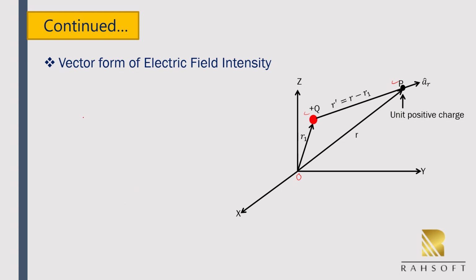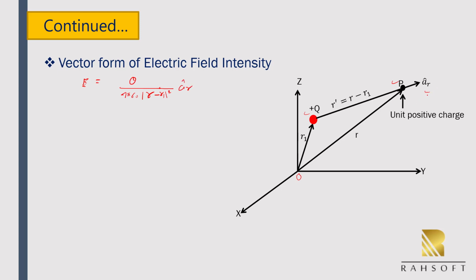So the electric field intensity at point P is given as E equal to q divided by 4 pi epsilon naught modulus of r minus r1 whole square, unit vector ar.